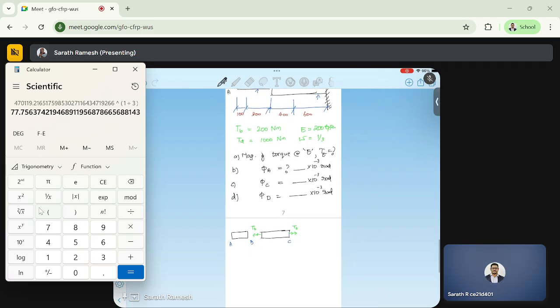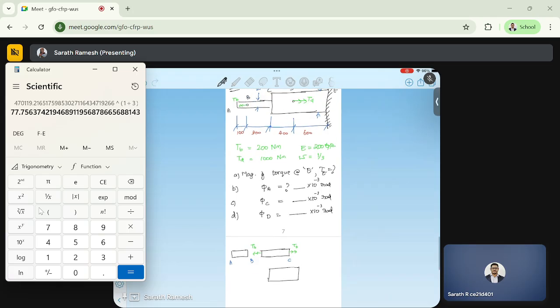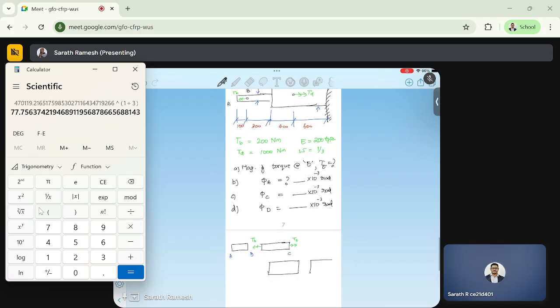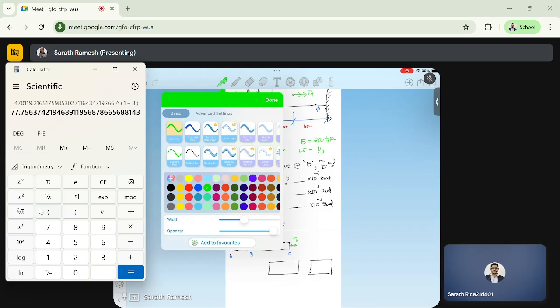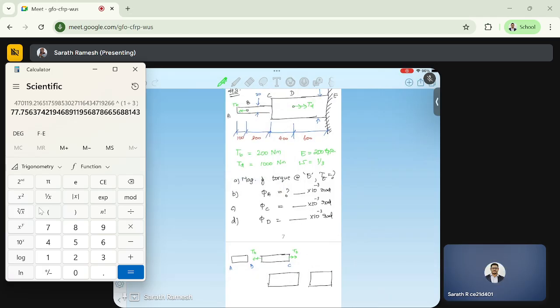CD and D. Okay, at C there is a torque, so this will be equilibrated, TB. And here, there is again, this will be equilibrated, but this is TB, and let's draw it neatly.